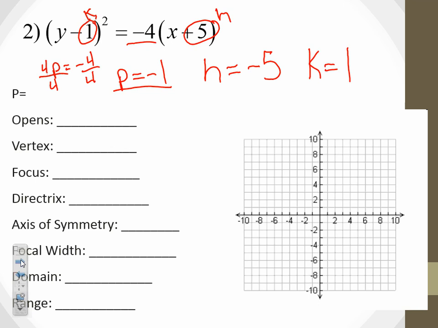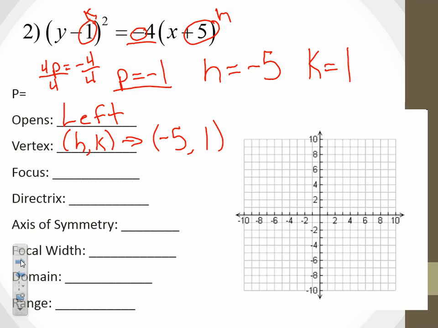Now this is going to open. Since we're working with the y squared, this is negative. We're going to go to the left. Okay. Our vertex for this is h, k. So for us, the h is going to be negative 5. The k is 1. There's our vertex.